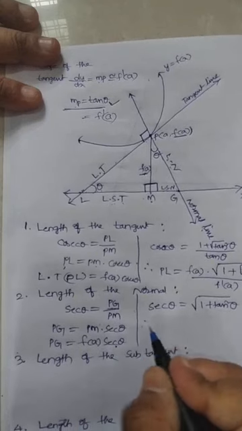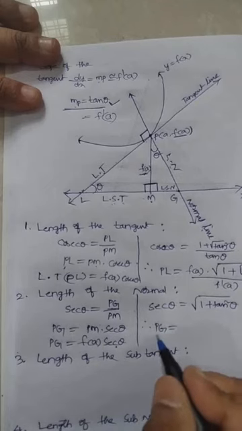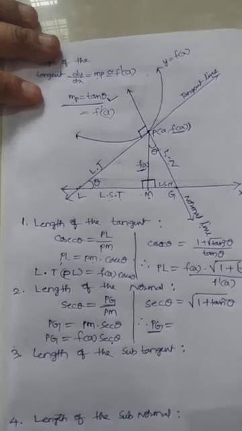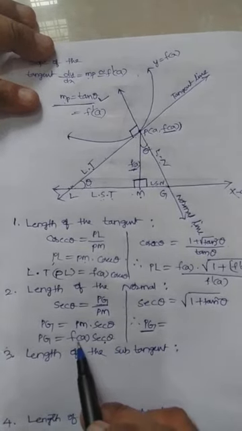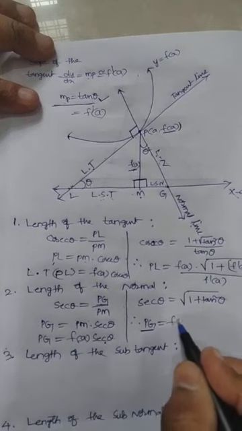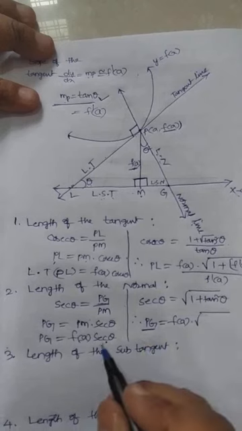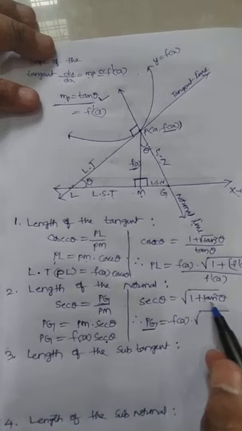Therefore PG bar, the length of the normal, is f(a) into under root of, in place of secant theta, 1 plus tan square theta.